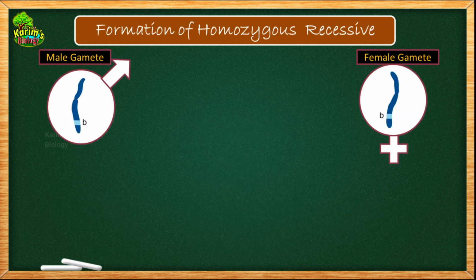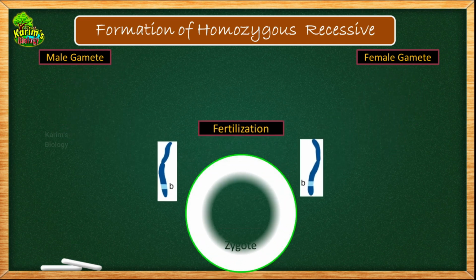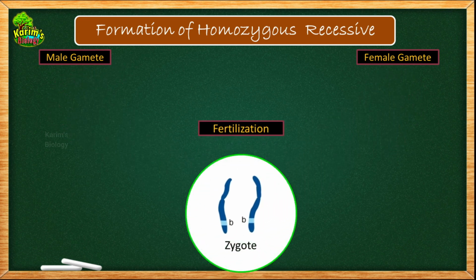In this slide, we are going to talk about the formation of homozygous recessive. Now look at the condition of gametes in this case. This is the male gamete, which consists of a recessive allele. This is the female gamete, which consists of the same recessive allele, which is small b. Here a recessive allele, small b, is there, and in the female gamete also there is a recessive allele, small b, present on the chromosome. And when fertilization happens, when the zygote is formed, these two chromosomes will be going into the zygote.